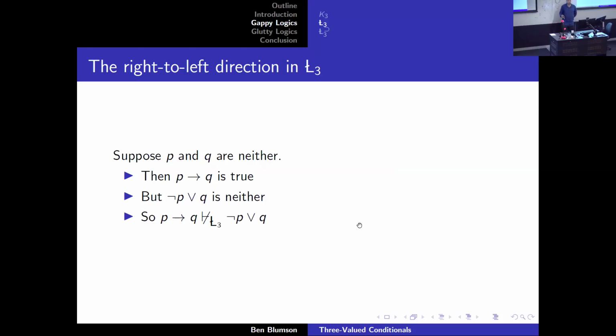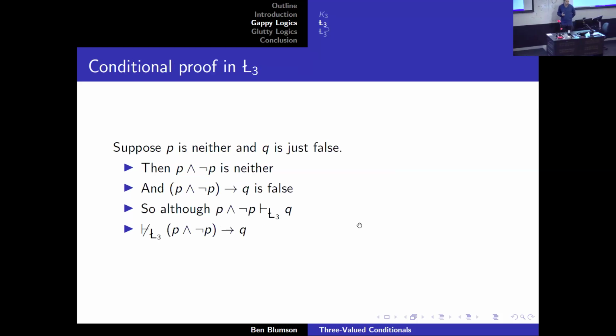So excluded middle will still fail, of course. Okay, so the argument for the right to left direction will fail, but that's all right because the right to left direction isn't the case. Because supposing P and Q are both neither, then if P, then Q will be true, but not P or Q will be neither. So if P, then Q will not entail not P or Q, which seems fine.